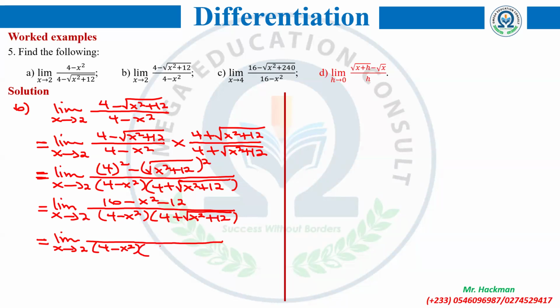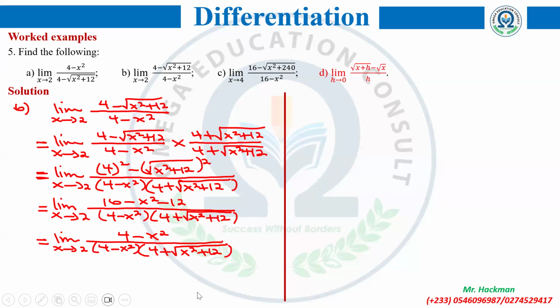In another bracket, we have 4 plus root of s squared plus 12. You close it. Your numerator now will be 16 minus 12, which will give us 4 minus s squared. All correct? Are we all fine?